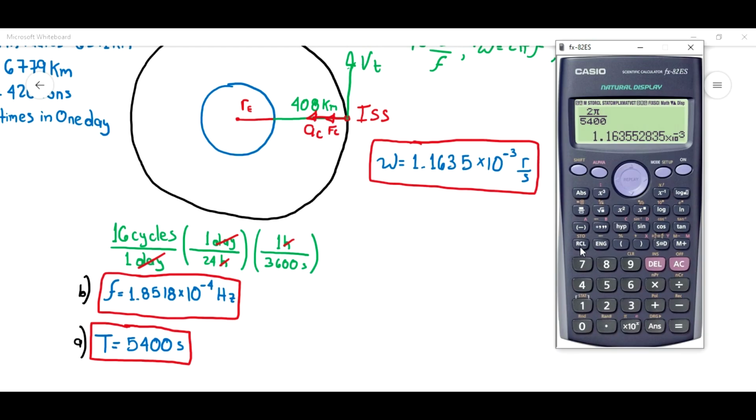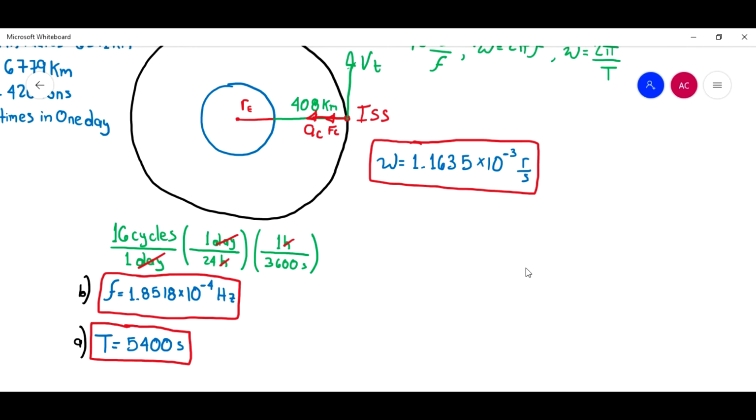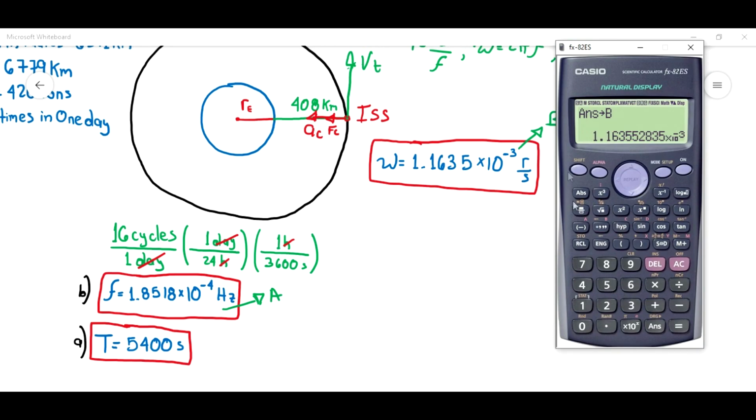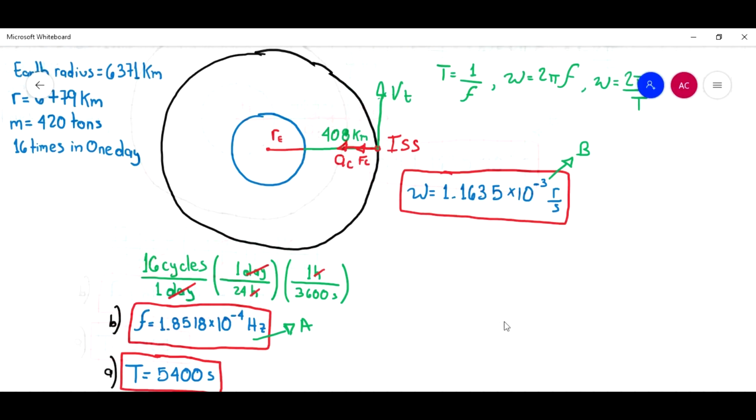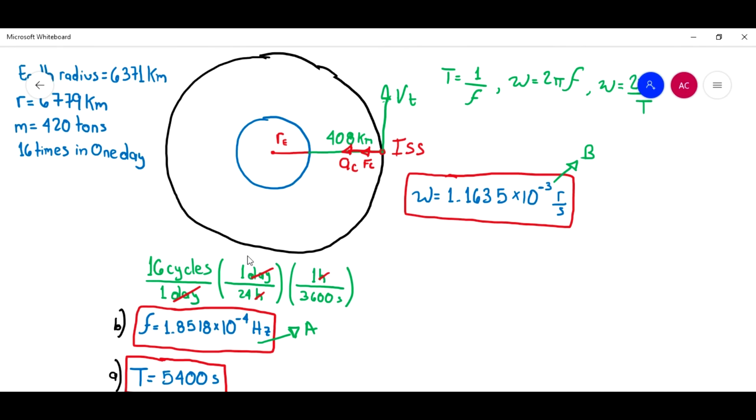Shift STO B, because I got the other one in A, so I'm going to save this one in my memory B. Let's see if I already saved it. Yes. So now I got angular velocity, that is letter C.